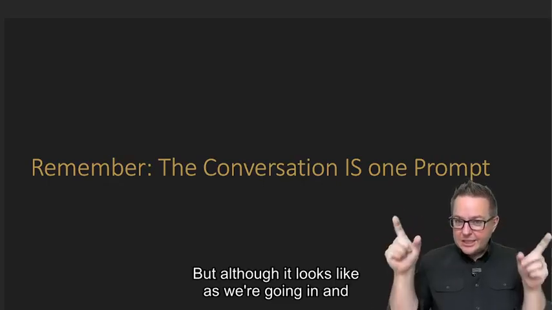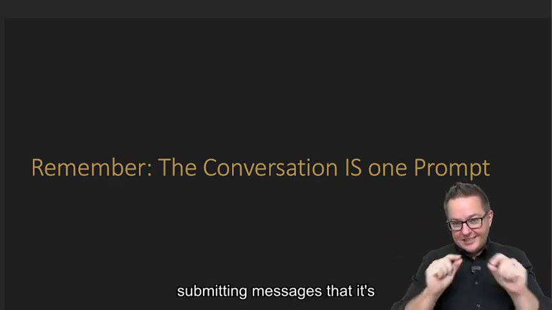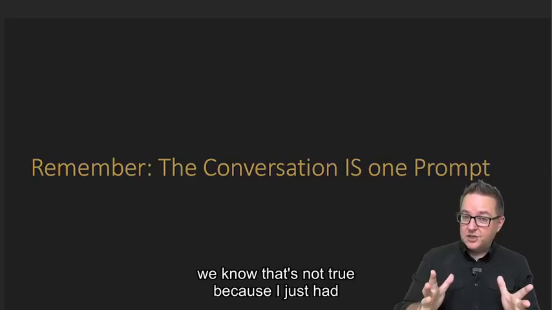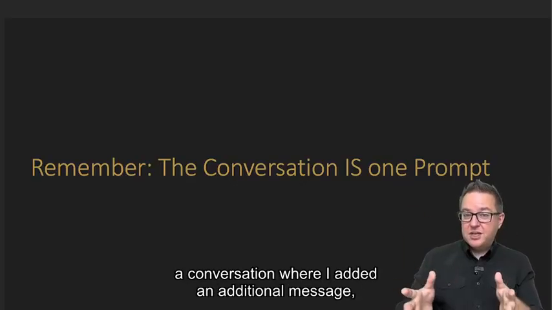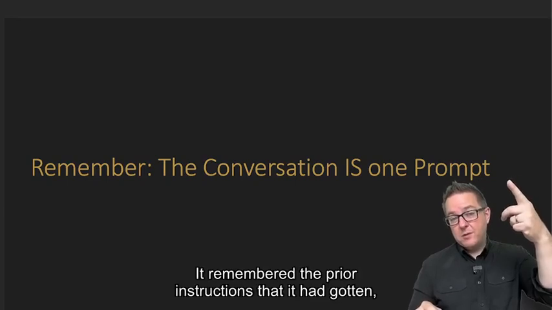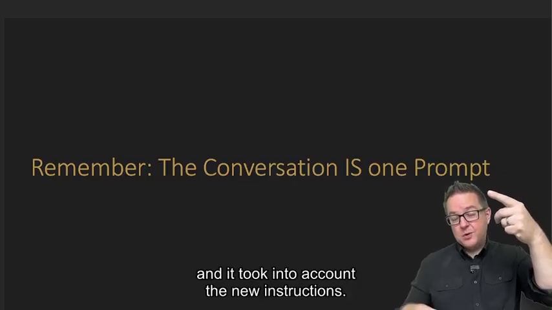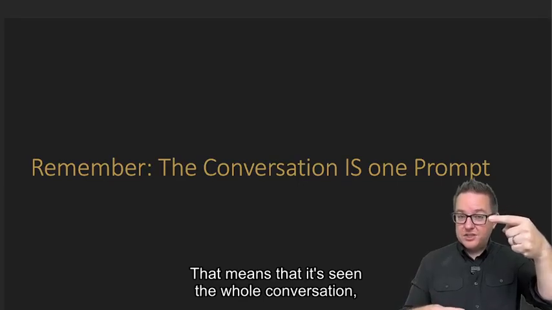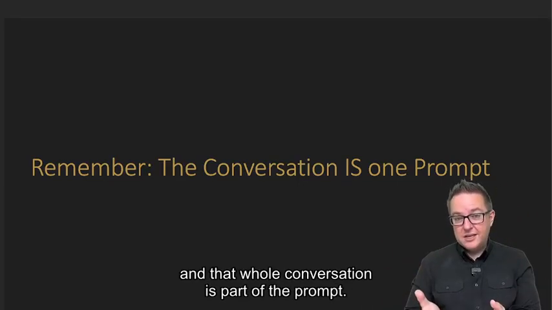But although it looks like, as we're going in and submitting messages, that it's just seeing each individual message, we know that's not true, because I just had a conversation where I added an additional message, but it also saw what came before, and it remembered the prior instructions that it had gotten, and it took into account the new instructions. And that means that it's seeing the whole conversation, and that whole conversation is part of the prompt.